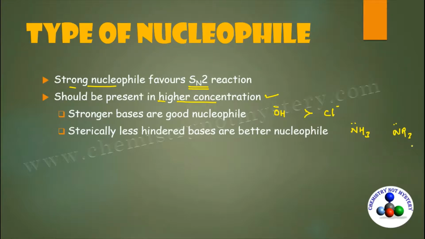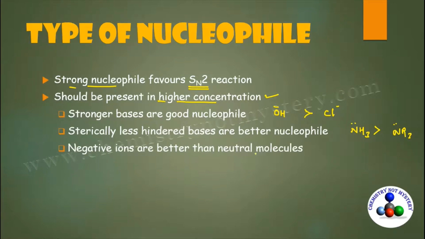So it is sterically more crowded. So that's why NH3 will be a better nucleophile as compared to NR3. Next rule, negative ions are better than neutral molecules. For example, OH- is a better nucleophile as compared to a water molecule.